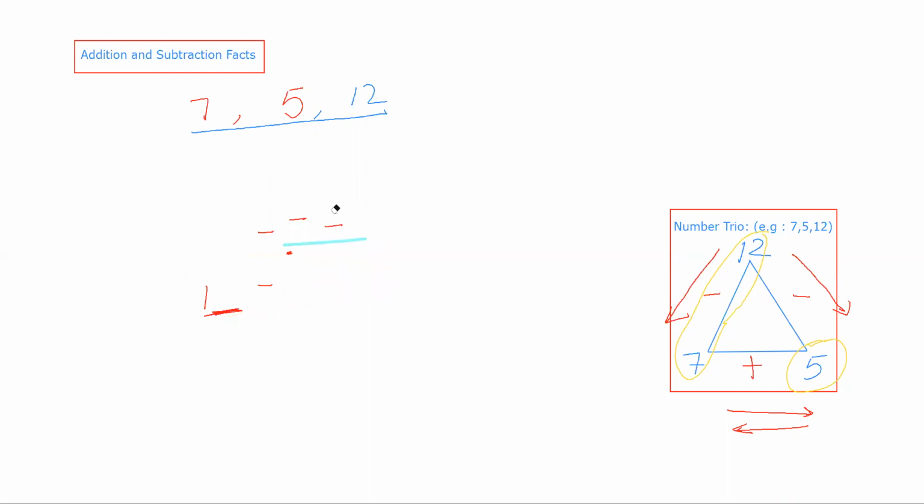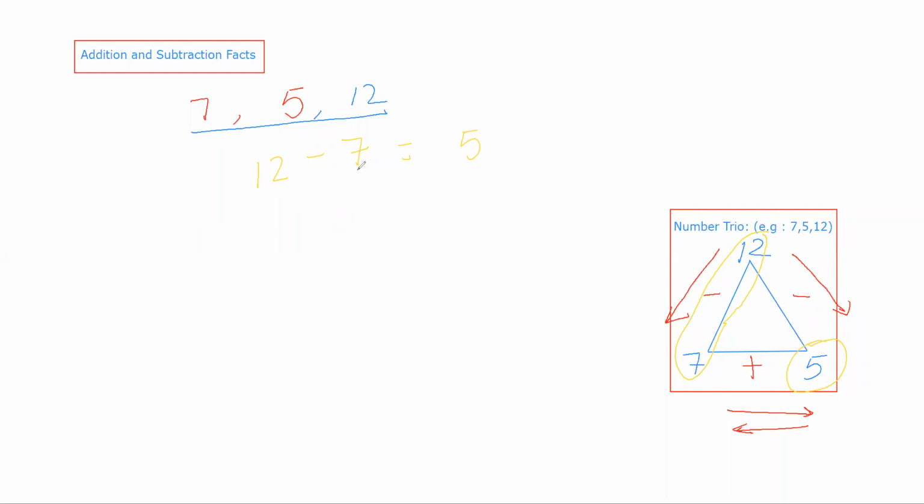So let's see. 12 minus 7. So I am picking out 12 minus 7. I have covered one branch, read in the correct direction, and the remaining left number is my answer to this equation. Okay.